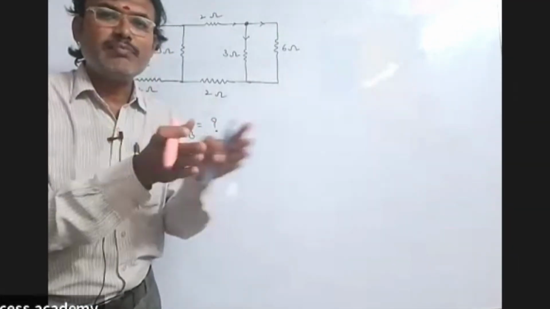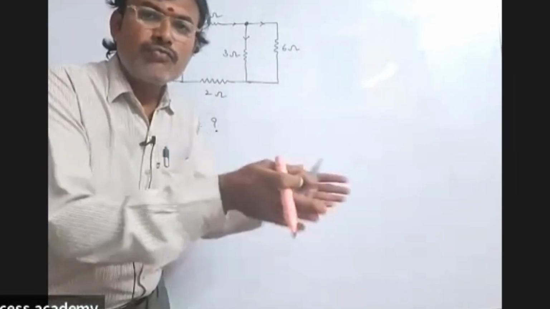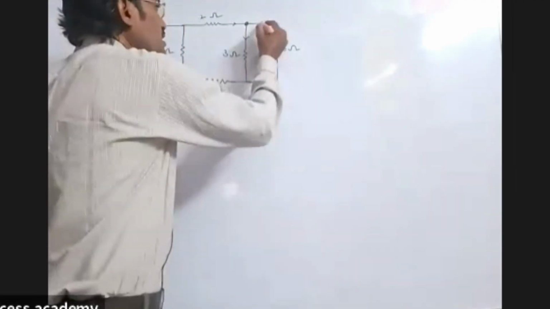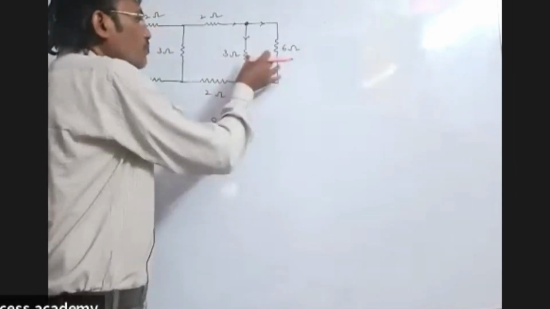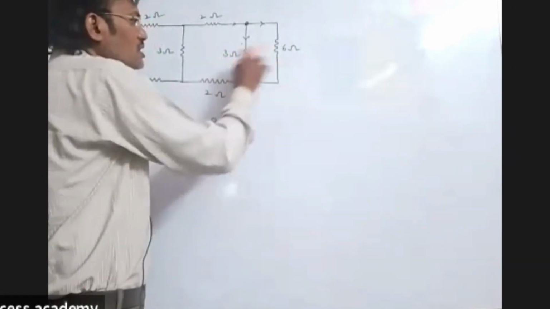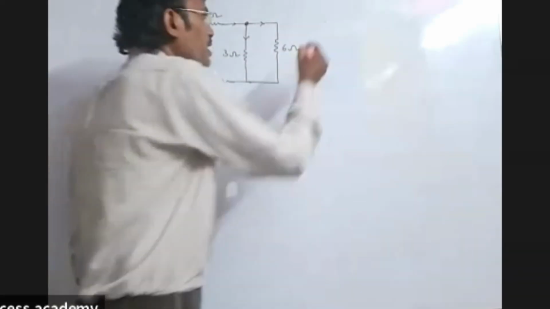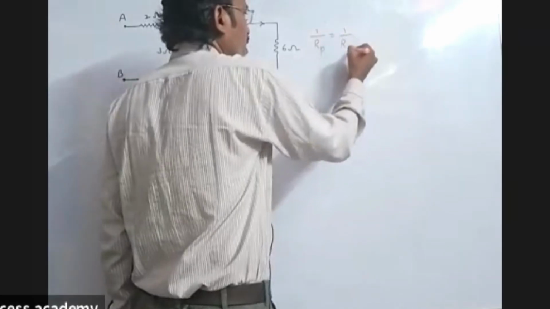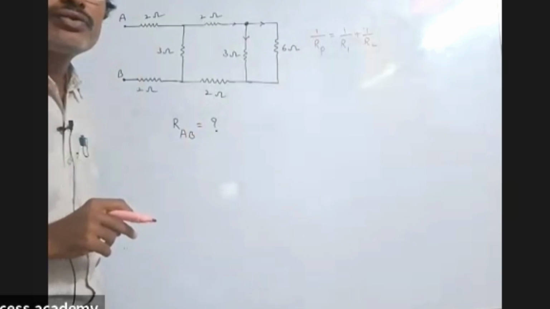In this path one resistor is there, in this path one resistor is there. So these two resistors are in parallel combination. Once the two resistors are in parallel combination, what is the effective resistance? 1 by Rp is equal to 1 by R1 plus 1 by R2. Why? Because only two resistors are there.